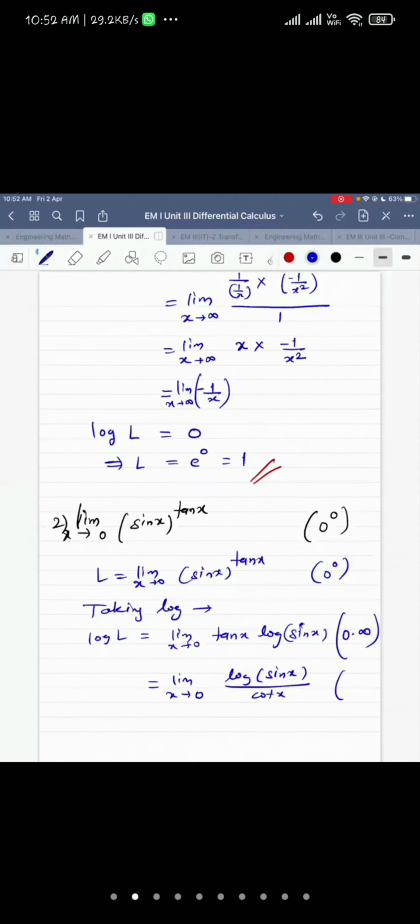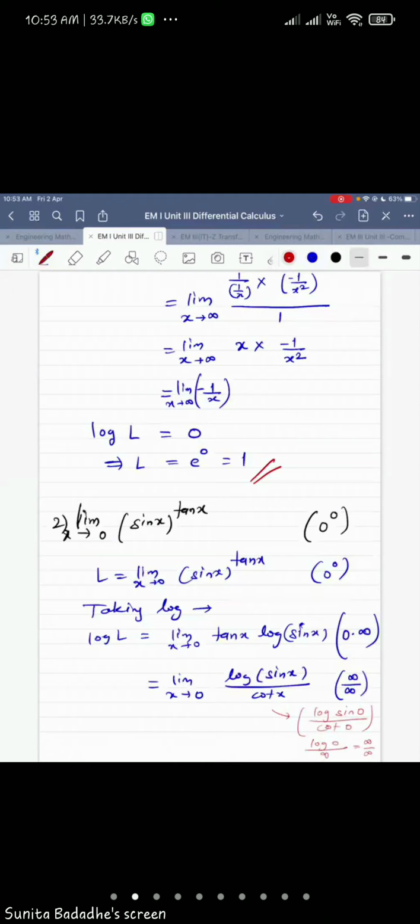So log of sin x is infinity, cot of 0 is infinity because tan 0 is 0. So you please write it along with your calculations in the notebook as I write. This is very good practice. Okay. So this is log of sine 0 is 0 and cot 0 is infinity. So this is infinity by infinity.